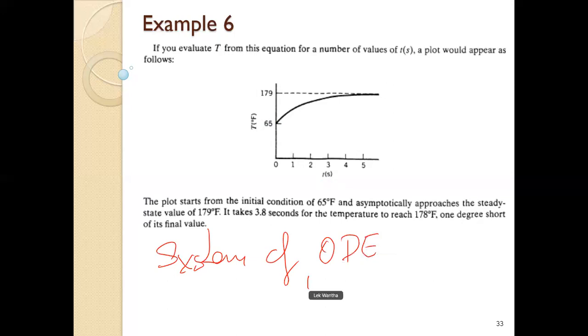Maybe equation 1, equation 2, equation 3, we have 3 ODEs. For one equation, you need only one initial condition. If you have 2 differential equations, you need 2 initial conditions. If we have 3 ODEs, you need at least 3 initial conditions.